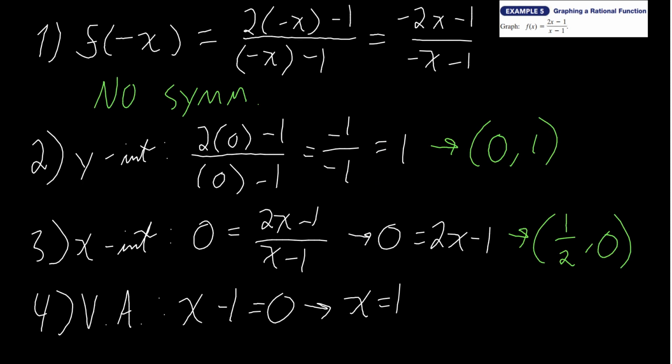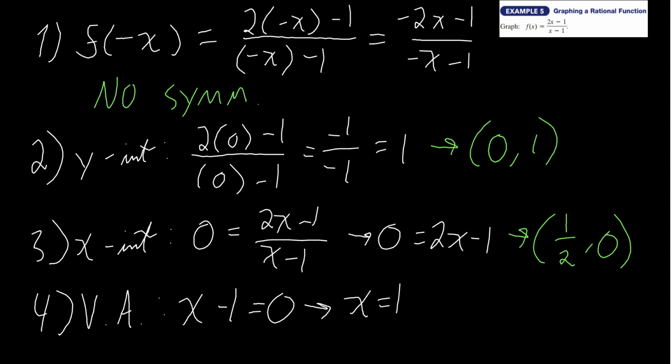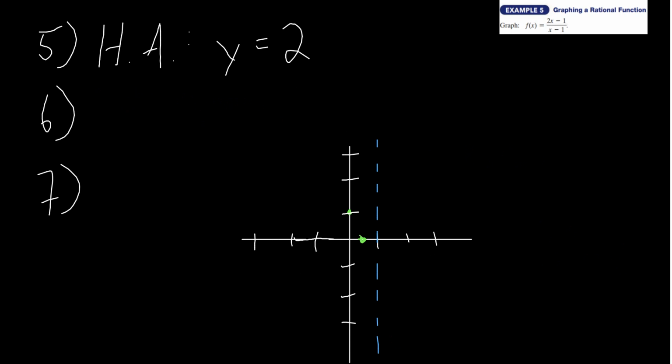Oh, it's just +1. Sorry about that, let's erase that. I just misread that. My vertical asymptote is simply at x equals 1. So I draw a dotted line there at x equals 1. I have a horizontal asymptote at y equals 2, so I have a horizontal asymptote right here.